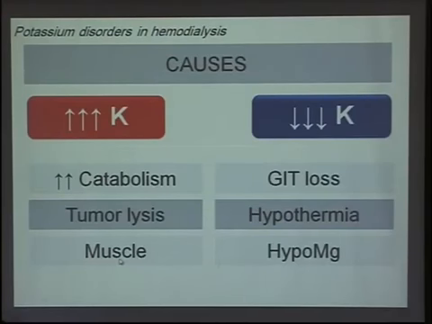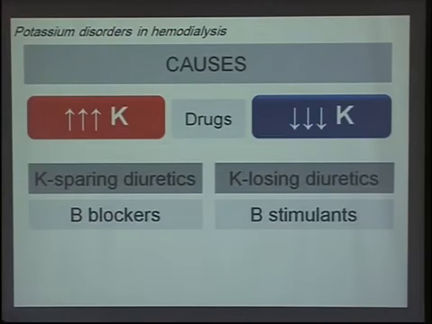Muscle breakdown will cause hyperkalemia, like cases of rhabdo. What about drugs? I think we all know that potassium-sparing diuretics will cause hyperkalemia, while potassium-losing diuretics in patients who still have residual kidney function will cause hypokalemia.